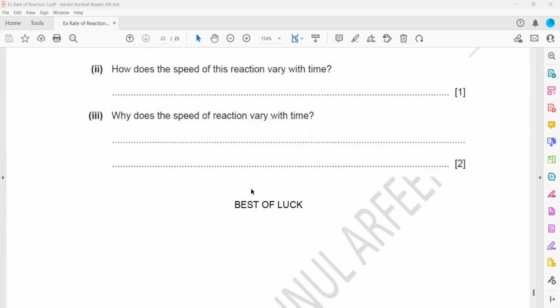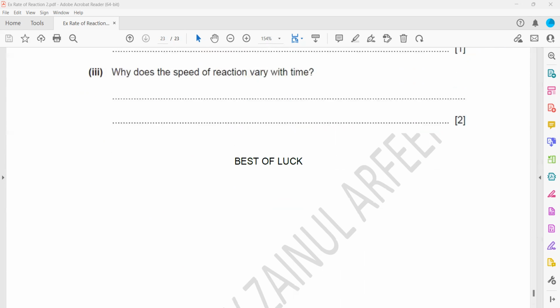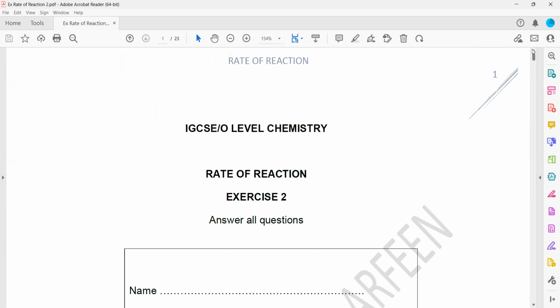If two reactants are there, one is limiting and another one is in excess. If there's only one reactant, then you will not mention limiting reagent. You will always mention that the reactant is used up. So this was exercise 2 related to rate of a reaction. Any other question or doubt from this?